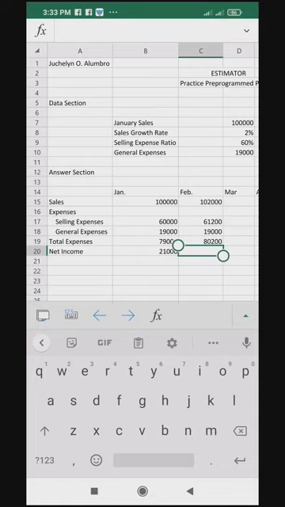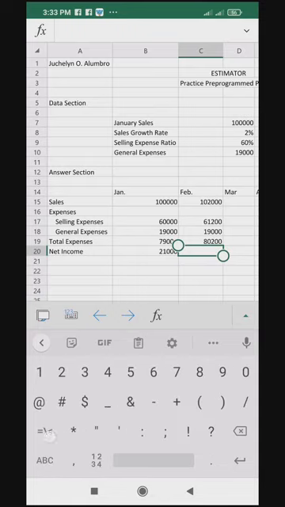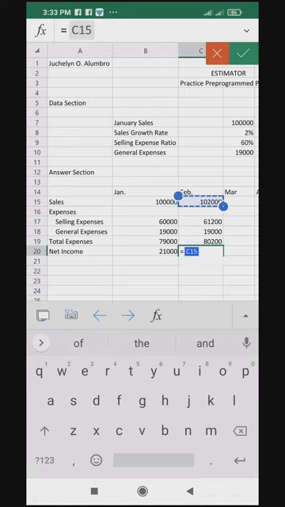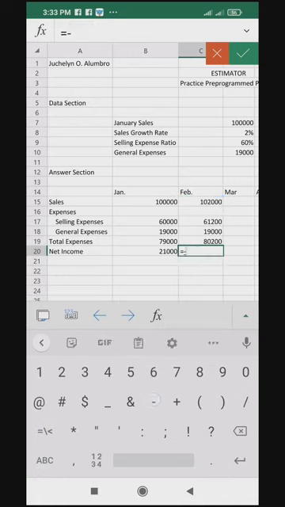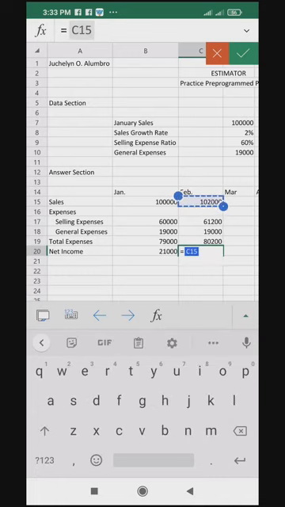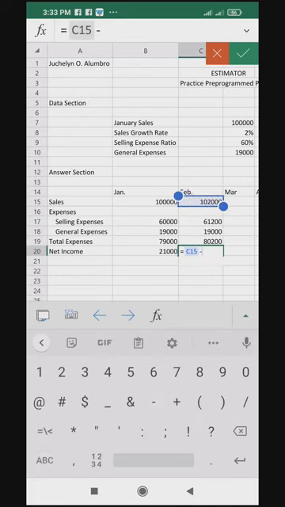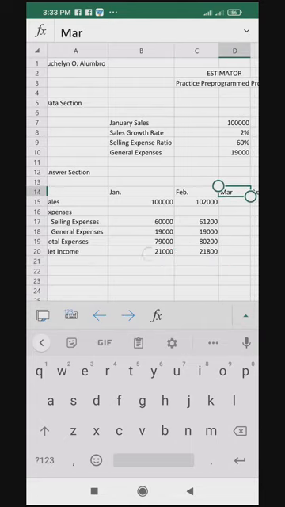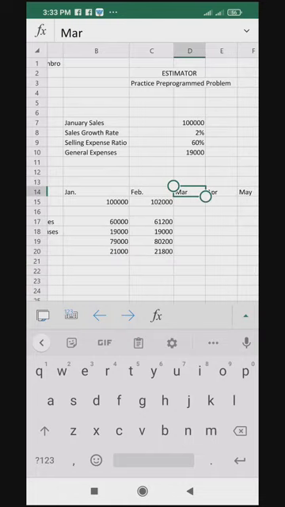And the net income is equal to C15 minus C19. So the net income for the month of February is 21,800.